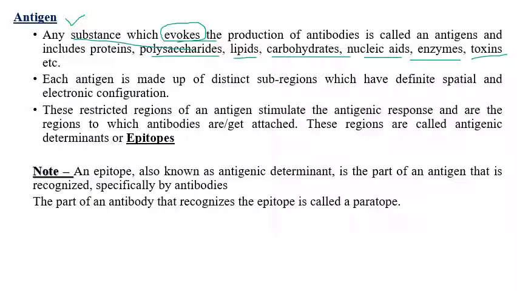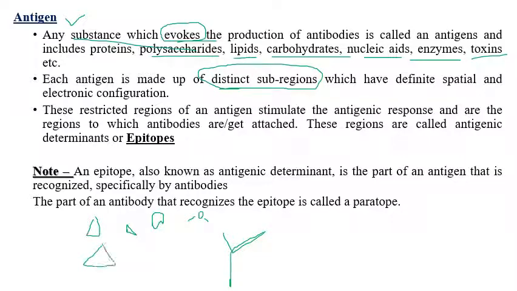So each antigen is made up of distinct subregions. Let us consider this is an antibody. Each antigen consists of distinct subregions, shaped like this, or like this, that have a definite spatial and electronic configuration. So if it has this type of shape, it can only bind to this type of structure present on the antibody.